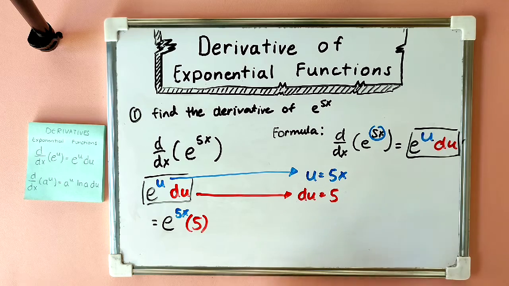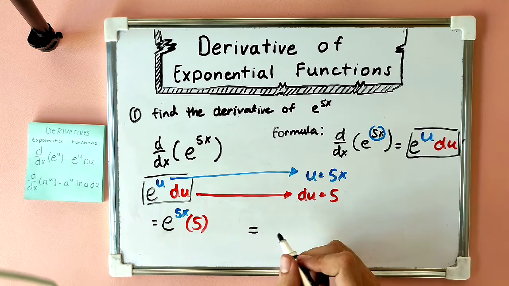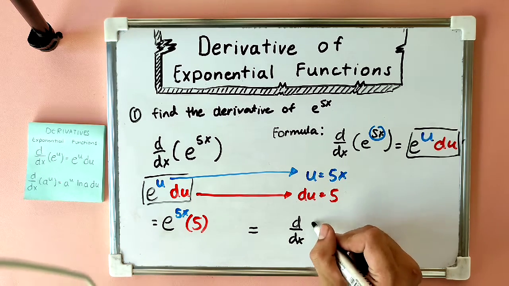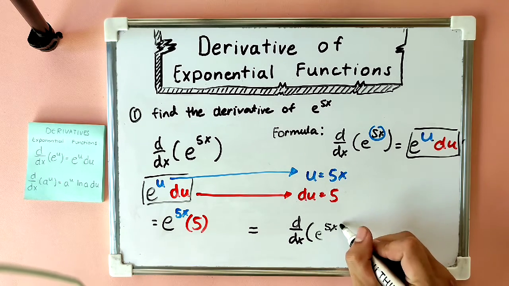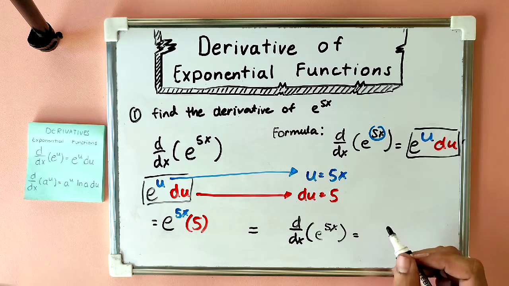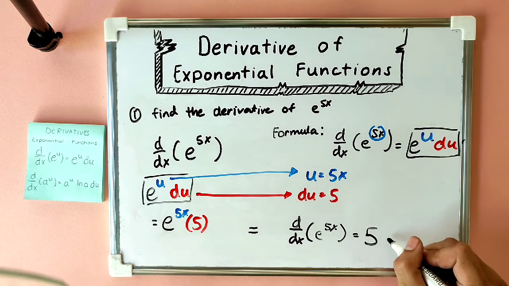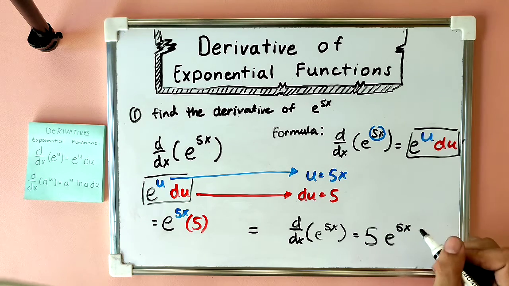So i-rewrite lang natin siya to formalize the derivative. Sulat lang natin yung pinaka-given ng tanong. E raised to 5x. Ang derivative niya ay 5 e raised to 5x.